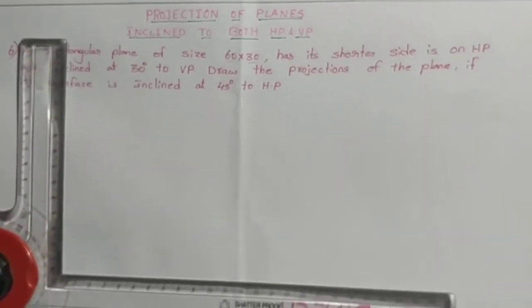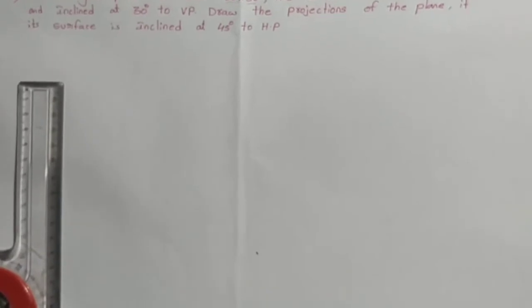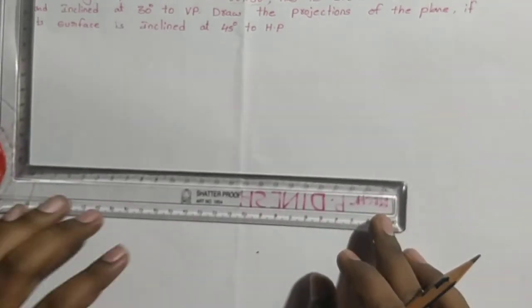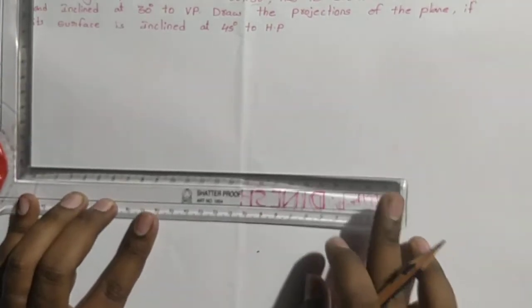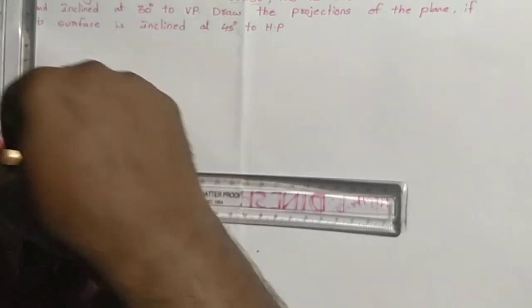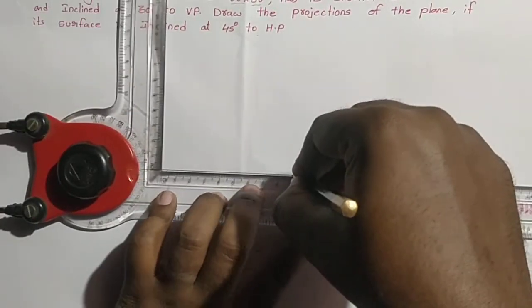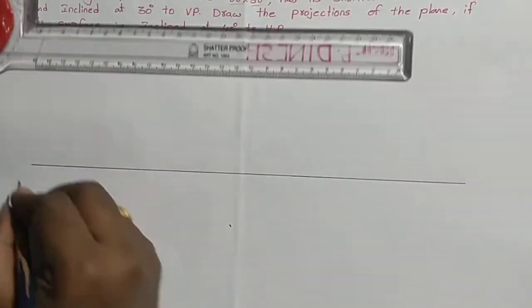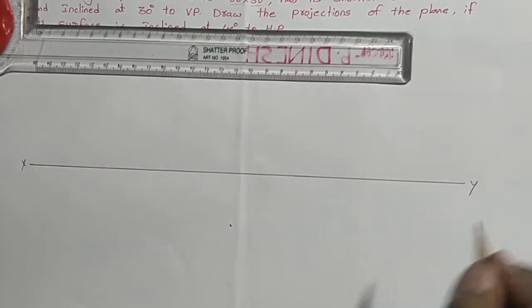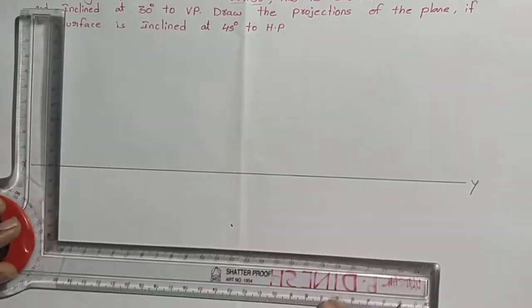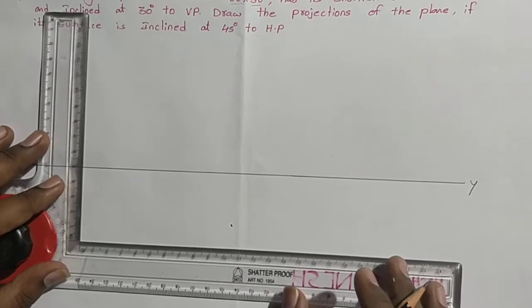Okay, for this we need to draw the XY line. Okay, it is the XY line. The plane is on HP.